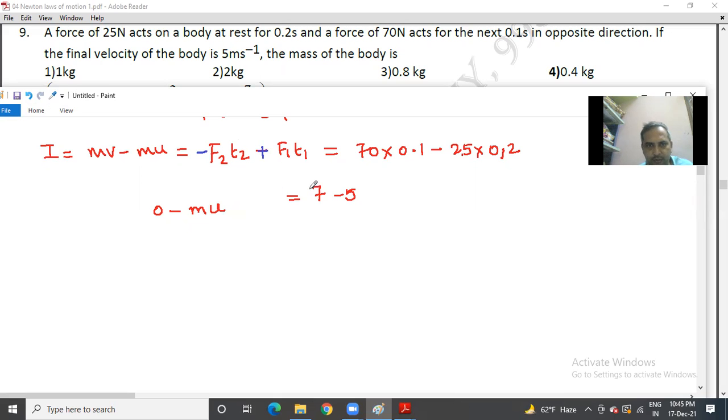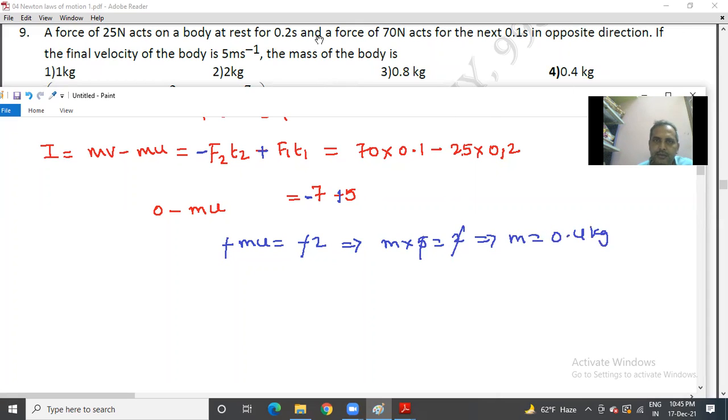So therefore you'll get minus 7 plus 5. So you'll get mu is equal to minus 2, minus minus get cancelled. So therefore, since in the question u is given as 5 meters per second, 5 into m is equal to 2. So therefore, the mass of the body will be equal to 0.4 kg. So the last option is correct.